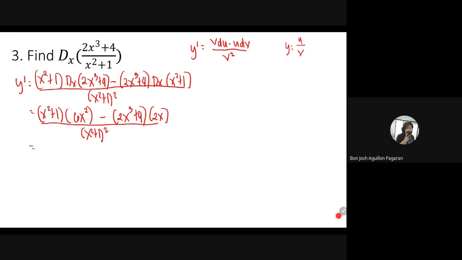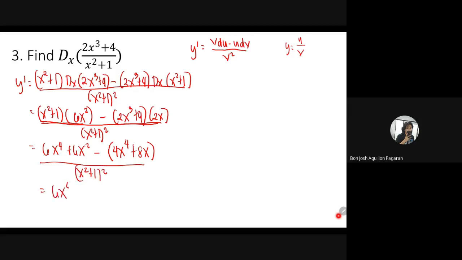So this will be FOIL method, 6x to the fourth power plus 6x squared. Ito po, minultiply ko lang. Minus, huwag kakalimutan ang parenthesis muna kasi minus pa ang ating operation. Ito naman, isimplify natin, which is 4x to the fourth power plus 8x over x squared plus 1 quantity squared. And then, 6x to the fourth plus 6x squared.